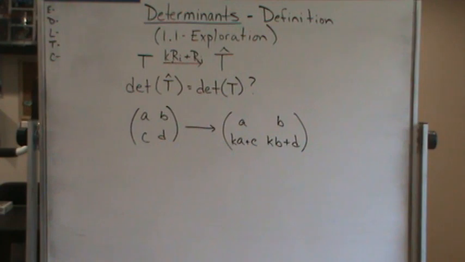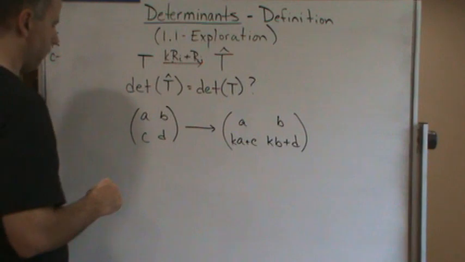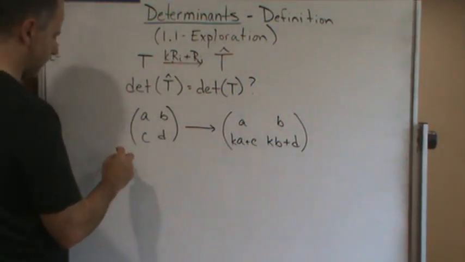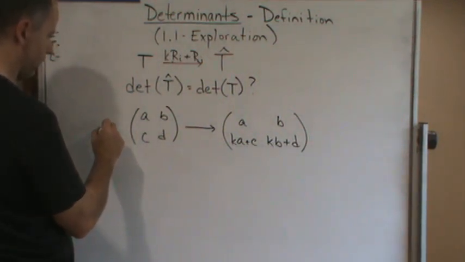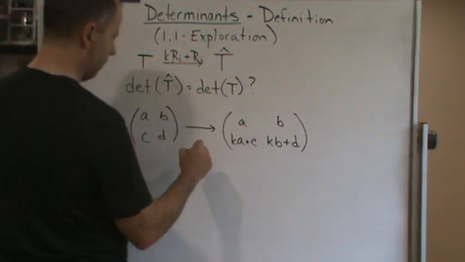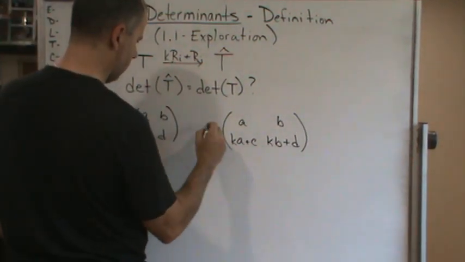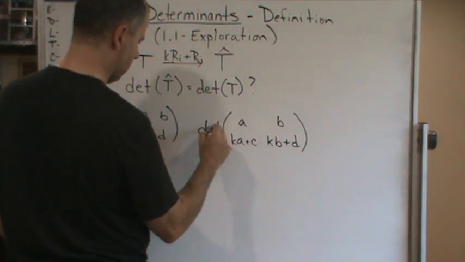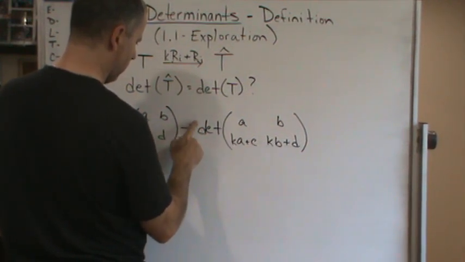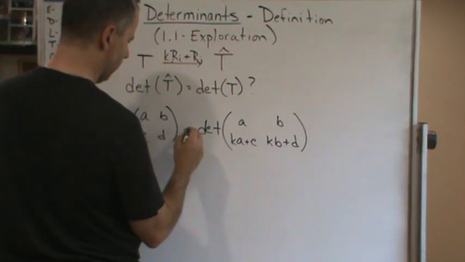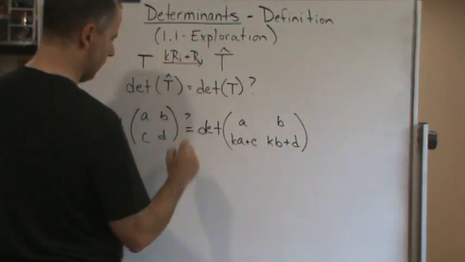Now, what happens if we take the determinant of that? Well, we know the determinant of this side, so we'll do T of this, and are these equal?